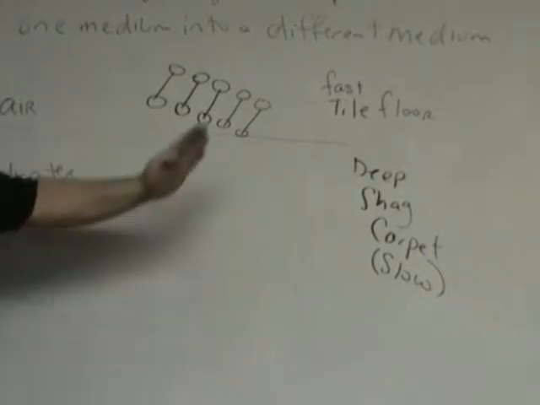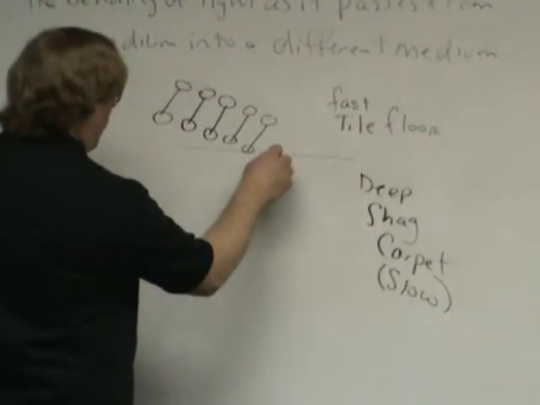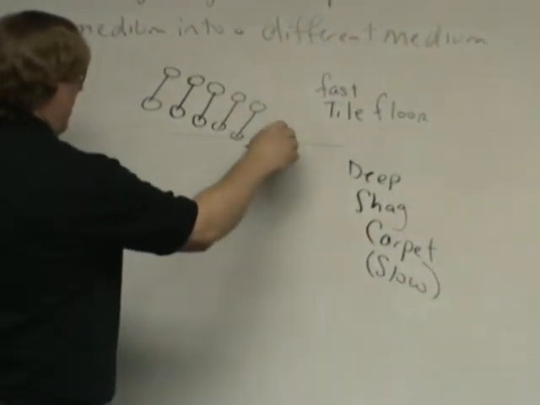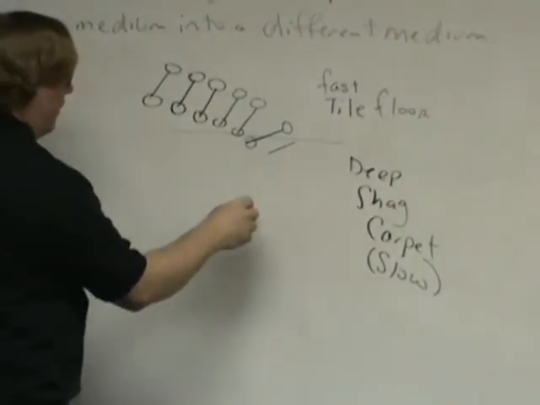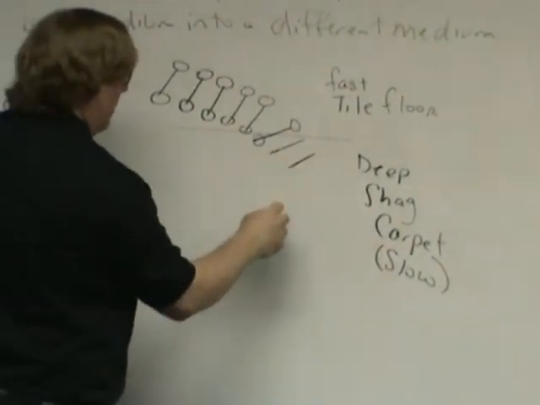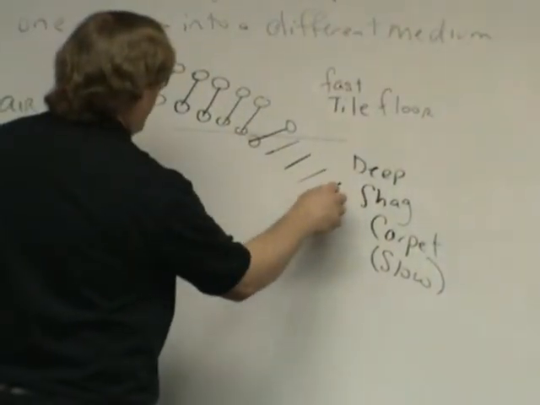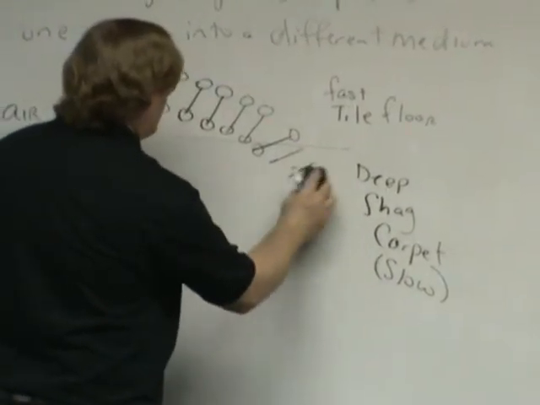It's going to turn that way, right? Now this wheel is traveling slowly, this wheel is traveling quickly. It's going to have the effect of turning the toy until both wheels are on the deep shag carpet, and then the toy continues on. Right here, let me exaggerate the effect.